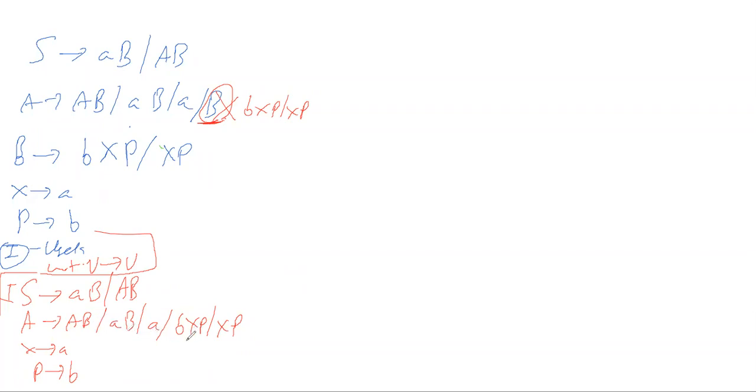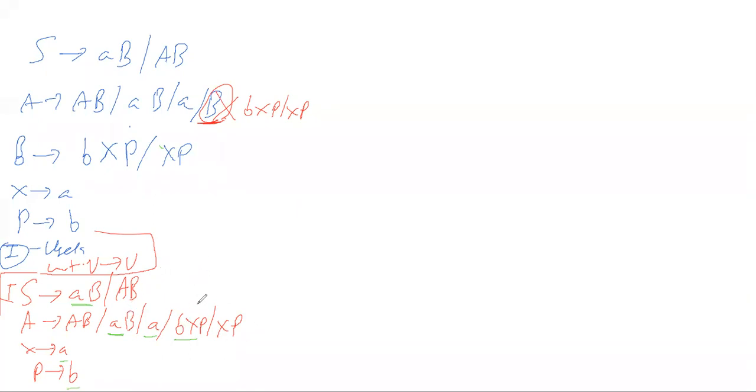Otherwise, if not starting with a terminal, it will have exactly two non-terminals, like AB, then XP. Otherwise, it will start with a terminal symbol. So the GNF productions I marked are AB, BXP, AB. Whatever I marked with green color are all in GNF form.